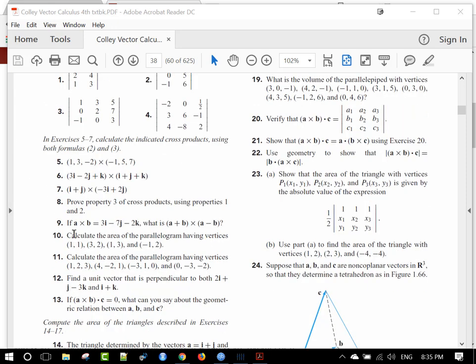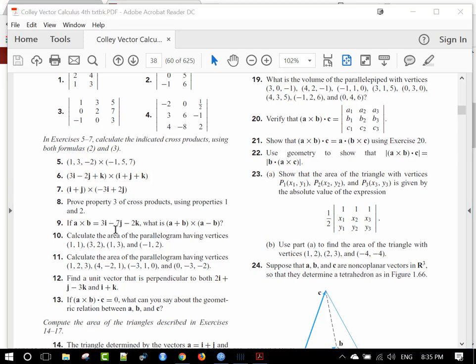Okay, how about number 13? If A cross B dot C is equal to 0, what can we say about the geometric relationship between A, B, and C? Well, this is a dot product of this vector and this vector. So in order for the dot product to be equal to 0, one of them has to be equal to the 0 vector.